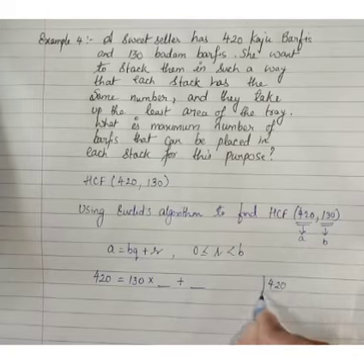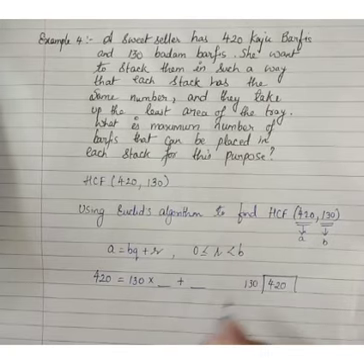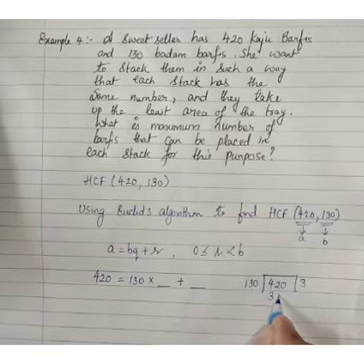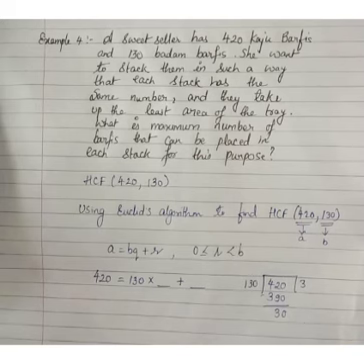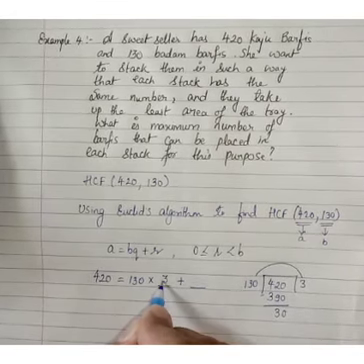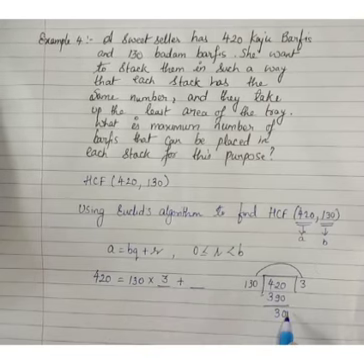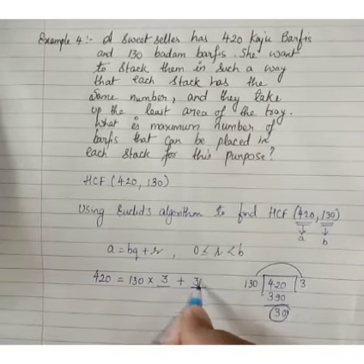So 420 divided by 130. 130 threes are 390. You will get here 30. It means 130 multiplied by 3 plus the remainder, that is 30.